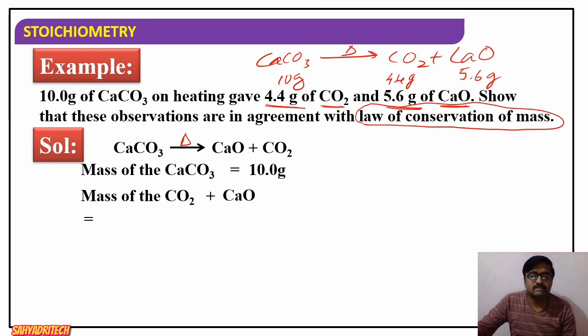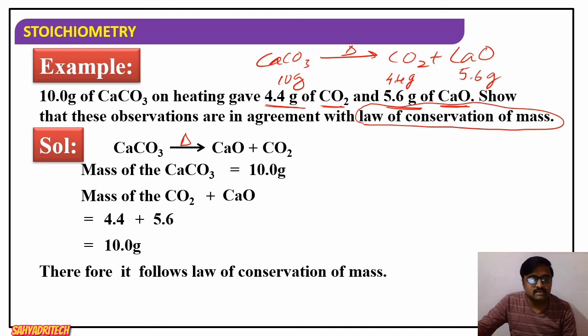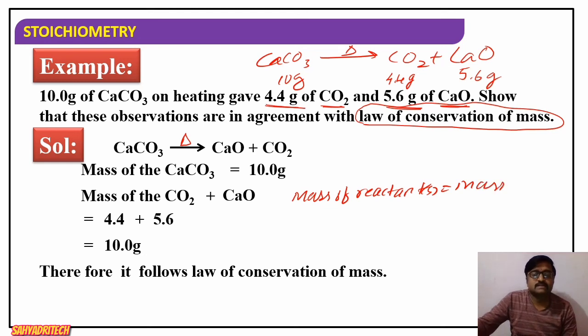So what are the masses here? The mass of carbon dioxide formed is 4.4 gram and that of calcium oxide, quicklime, is 5.6 gram. So how much is it? Again 10 gram. So what we are observing here is that the total mass of reactants is equal to the total mass of product.